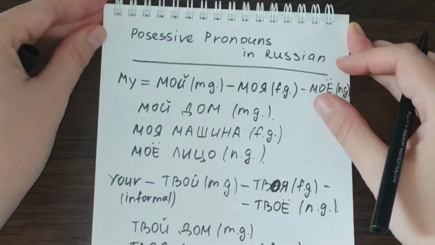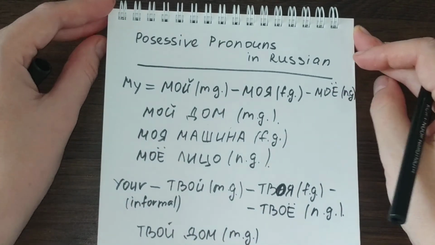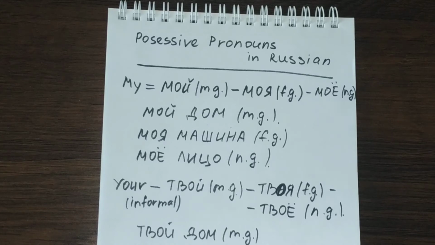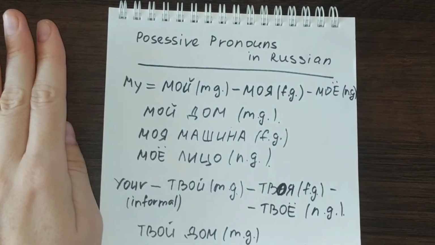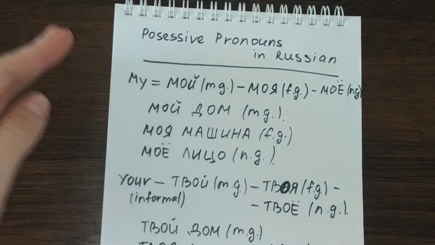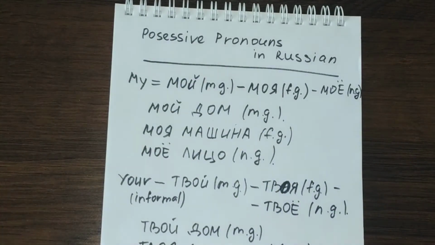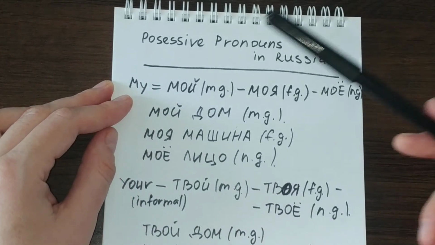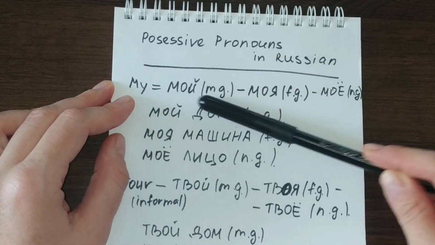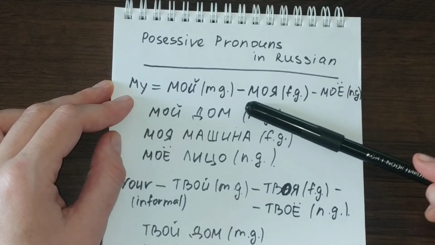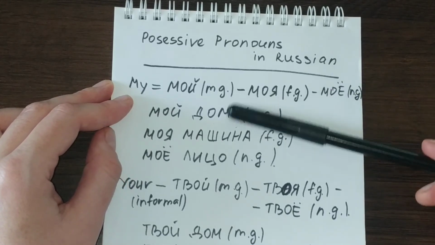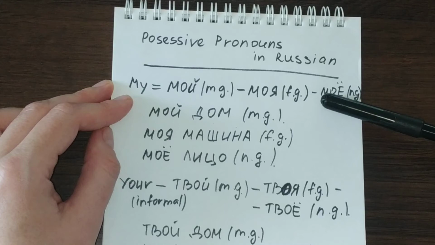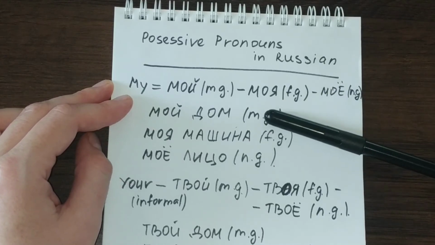So let's revise what we've learned in this video. We've learned about basically three possessive pronouns in Russian, which can be translated into English as "my" and "your". "My" can be translated as мой, моя, or моё, depending on the gender, and the nouns used with these possessive pronouns have to be of the corresponding gender.